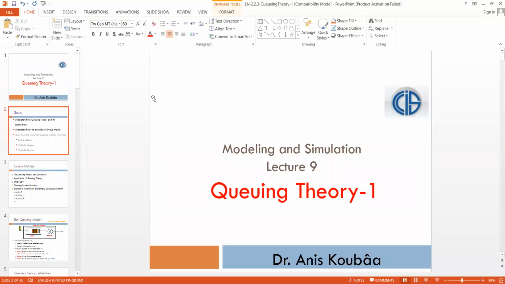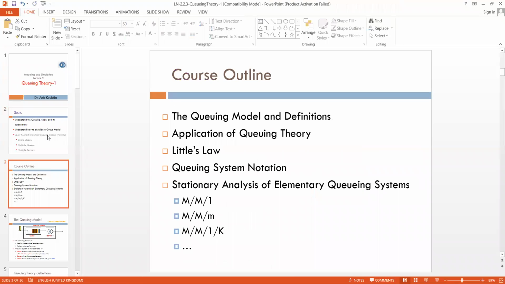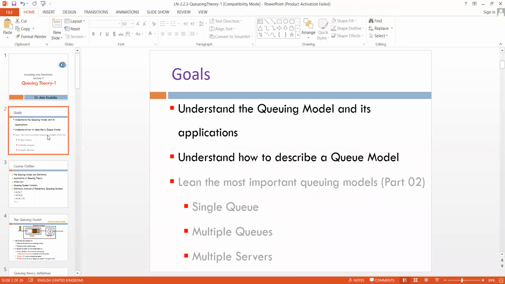Yeah, so our topic for today is queuing models. I guess we should have more than 5 in class, but let's take off. Very good. So our goals for today is to understand what queuing models are and how to apply them, and also understand how to describe a queue model.